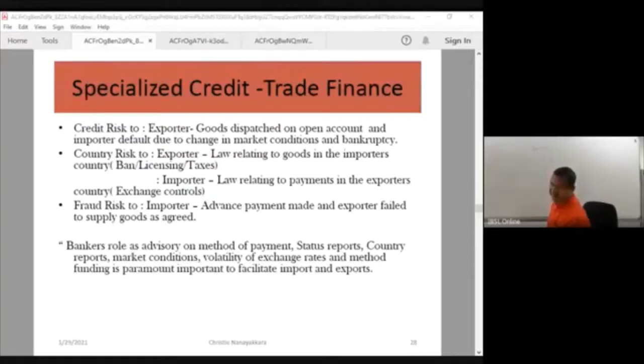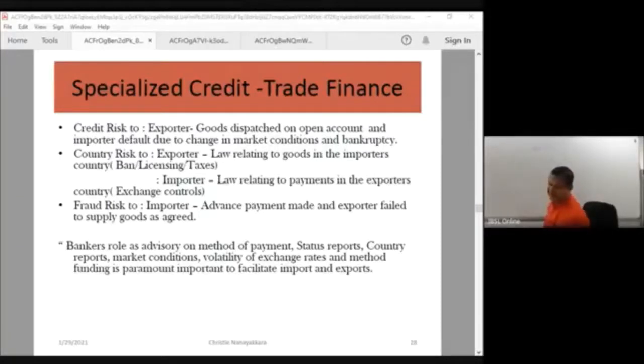Letter of credit is an instrument which B1 will issue on behalf of A and send to C's bank. So the LC will get transmitted to B2. B2 will inform C that you have a letter of credit in your favor issued by B1 bank on behalf of your customer A, and the terms and conditions, all that are mentioned in that letter of credit.